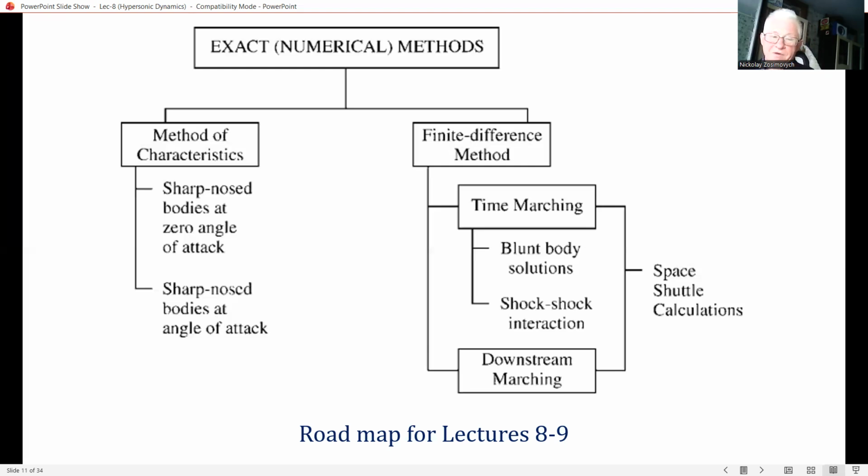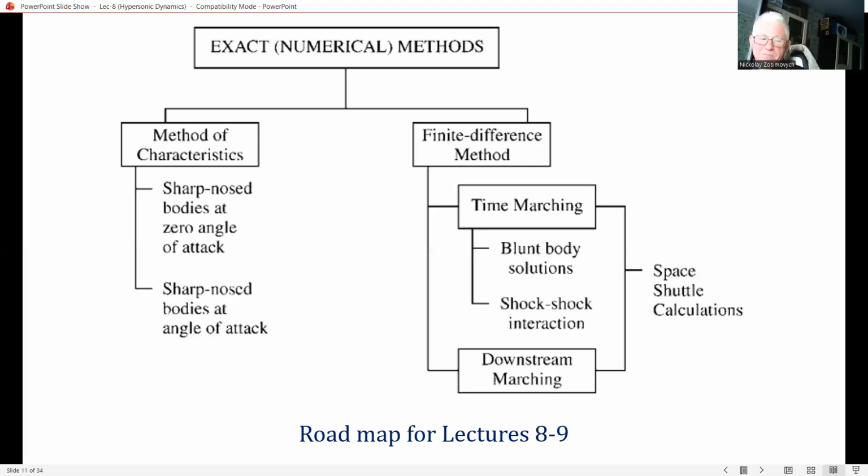Then we move to the right-hand column on this slide and consider two different finite difference approaches, time marching and downstream marching. The time marching approach will be applied to the flow over a blunt body and to the interaction of an external shock wave impinging on the bow shock ahead of the blunt body.